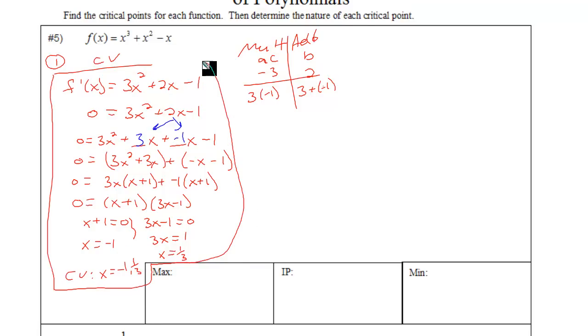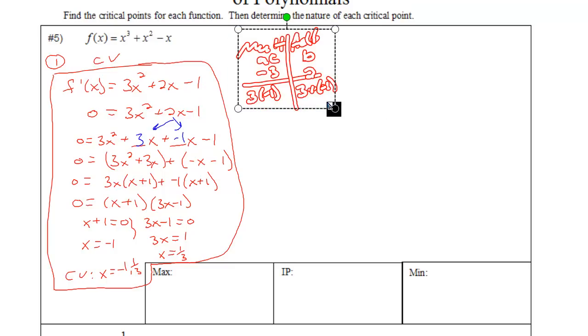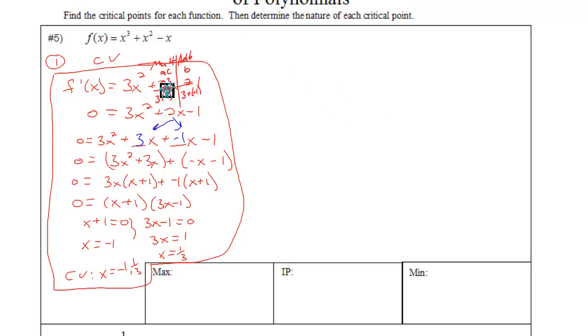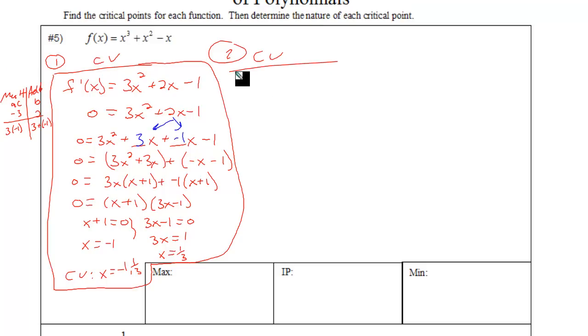Hopefully you know just by looking at this what these points are going to be. Second step, find more critical values from the second derivative.